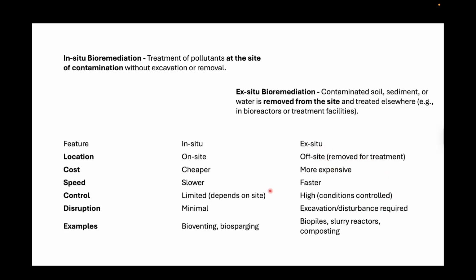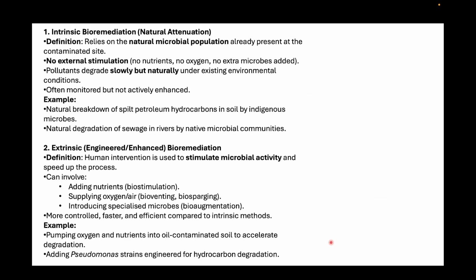And what are the examples of in situ bioremediation? Bioventing or biosparging, while ex situ is biopiles and slurry reactors, composting. Okay, so these are the points of difference between in situ bioremediation and ex situ bioremediation. Now, what is the difference between intrinsic and engineered processes?